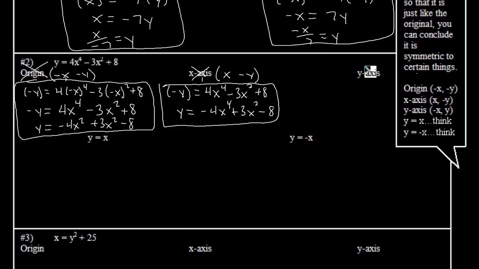I'll accept that. The y-axis here, replace x with negative x. Leave y the same. Remember, all these little q's are here. Now at first, you should be using those q's, but in a day, you shouldn't be. You have to commit this to memory. The symmetry things that we're doing here, we will literally use for the entire class.